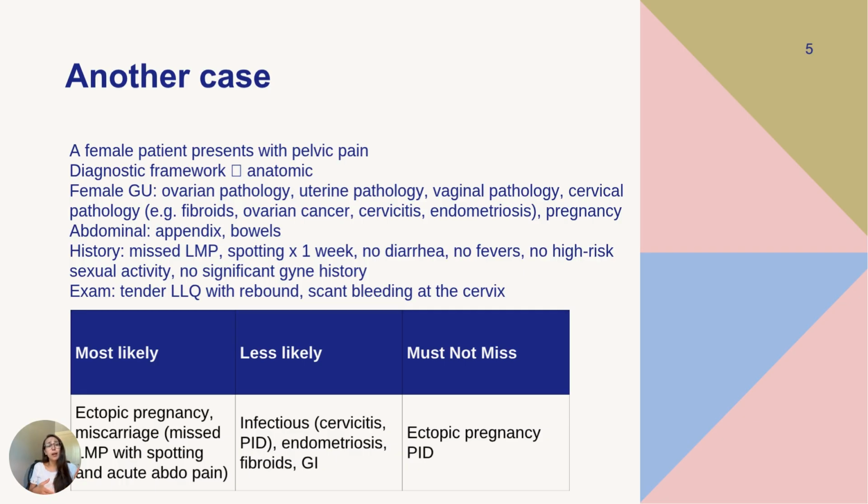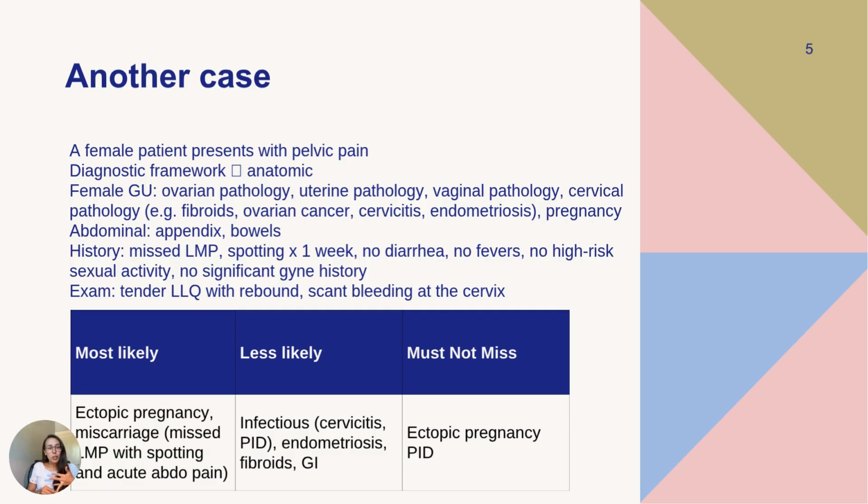So, if I were to have to tease this out in my documentation and in thinking through the case, I'd want to be thinking about, okay, what's the most likely diagnosis at this point? It could certainly be an ectopic pregnancy or a miscarriage, given that missed period with spotting and acute abdominal pain. So I'm not there yet. I'm going to need to order more testing, like a quantitative beta HCG and pelvic ultrasound, for example.